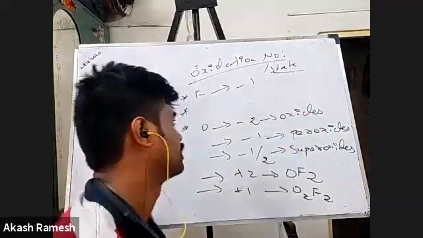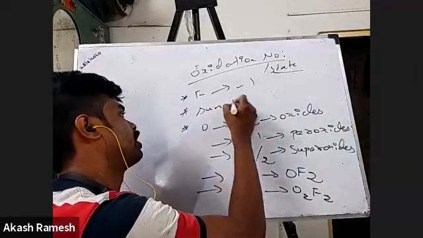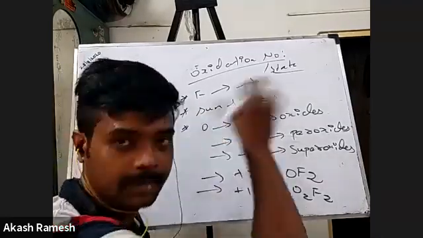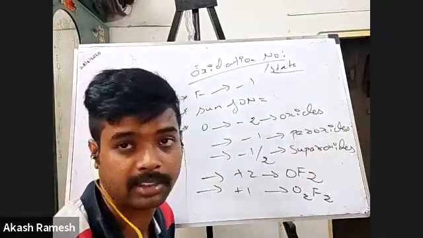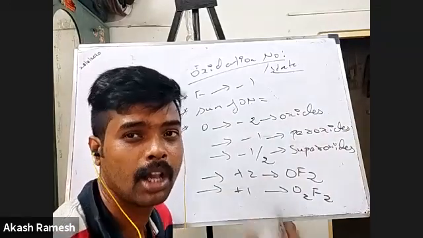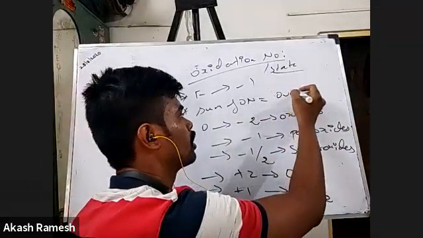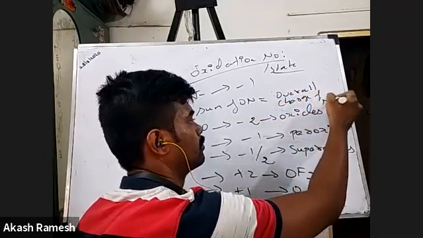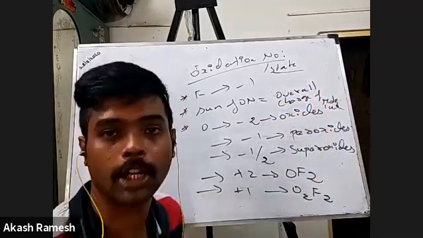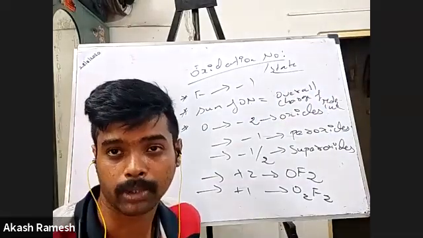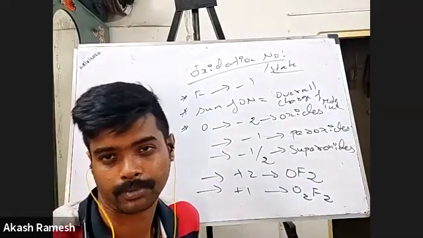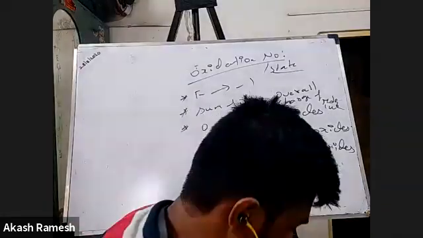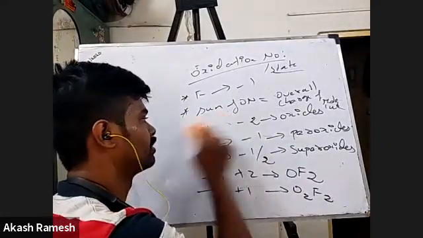I'll write it in simple words. The sum of oxidation numbers in a compound or in an ion, whatever it is, should be equal to the overall charge possessed by the molecule. So keep this in mind.